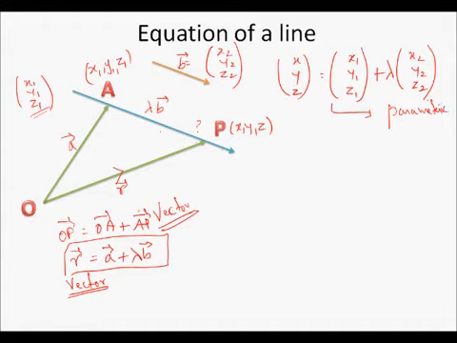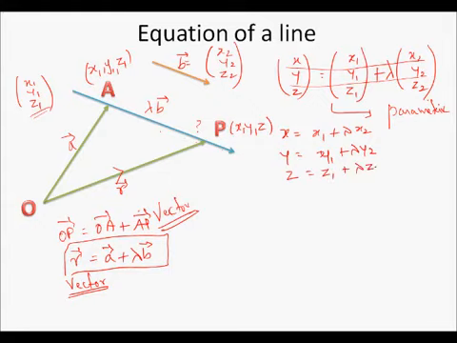Let me tell you how it is. Just equate each component directly. That is, x is equal to x1 plus lambda x2, y is y1 plus lambda y2, and z is z1 plus lambda z2, and this is called the parametric form. From here you can write it in Cartesian form. How do you write it?